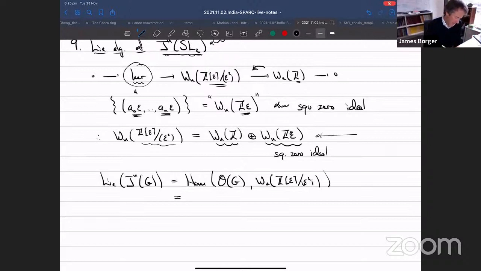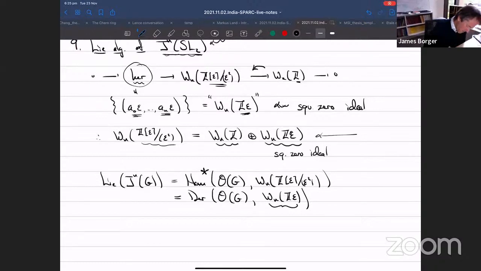And this, I'm sorry, the ones which lift the projection onto epsilon, I'll put an asterisk here. So these are exactly the derivations from O of G into this module here. But this module, as we discussed above, with the whole computation I gave, remember, is a square zero ideal, and the addition is given component-wise. So this is just the product, 0 to n, of Z epsilon.